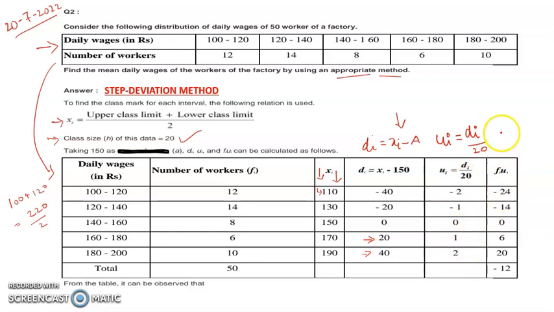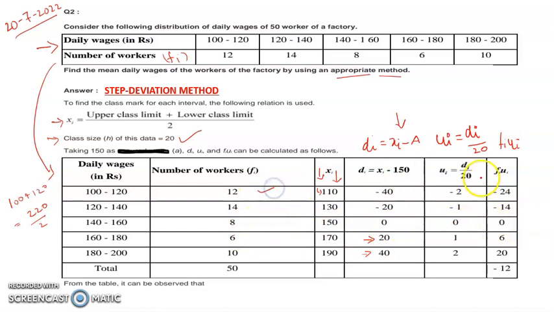Now see the next one. The heading is fi ui. So fi multiplied by ui. So where is fi? These values are all fi, students, frequencies. Can you see clearly? So 12 multiplied by minus 2 is minus 24. 14 multiplied by minus 1 is minus 14. 8 into 0 will give me 0. Are you following?